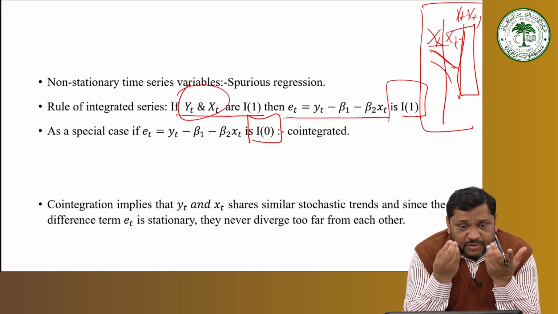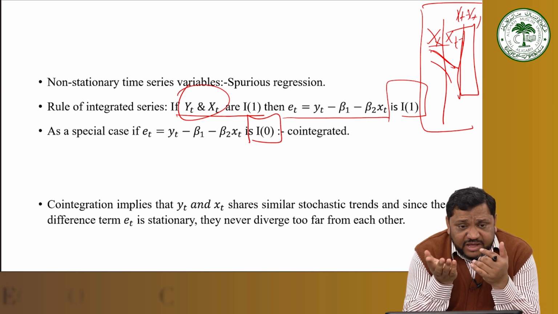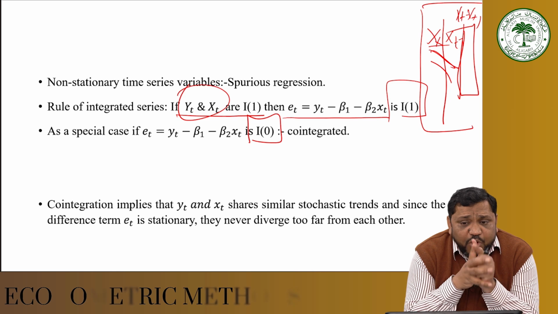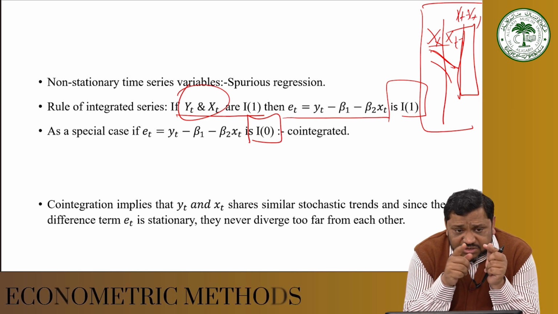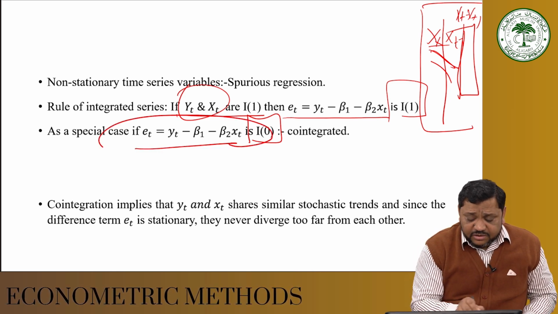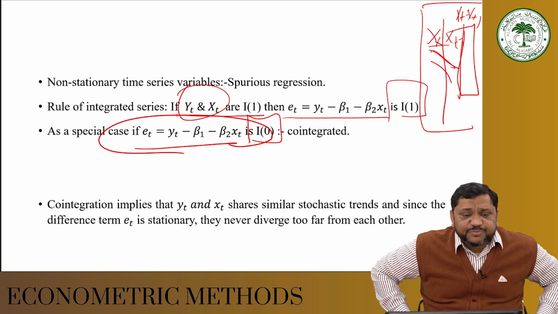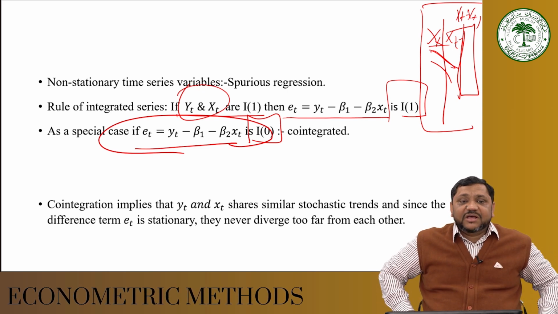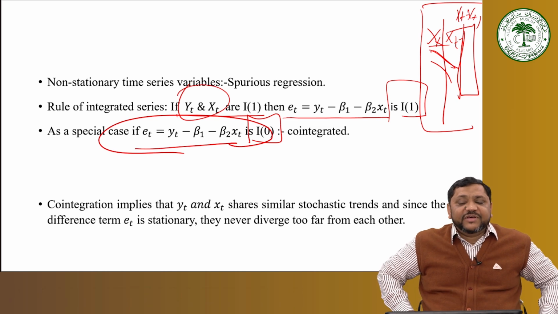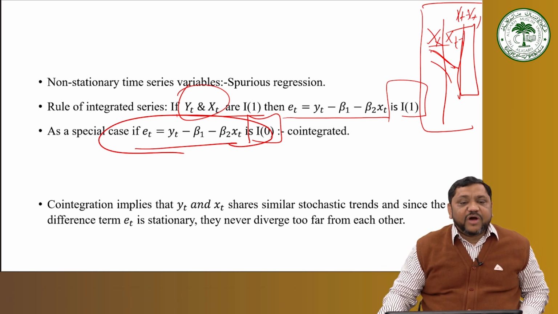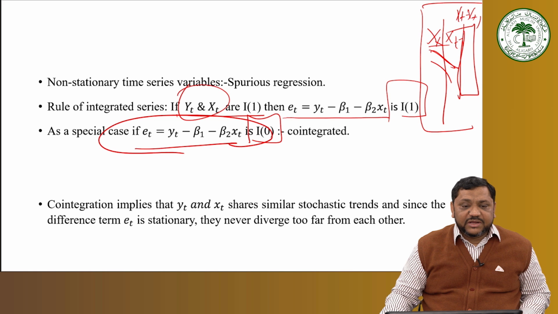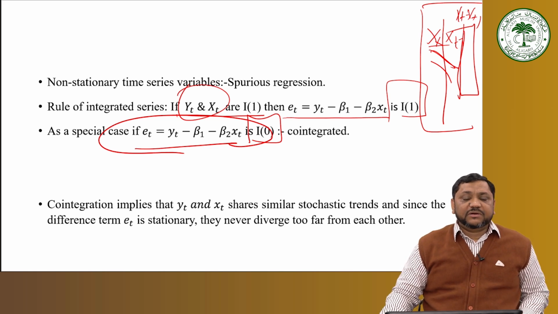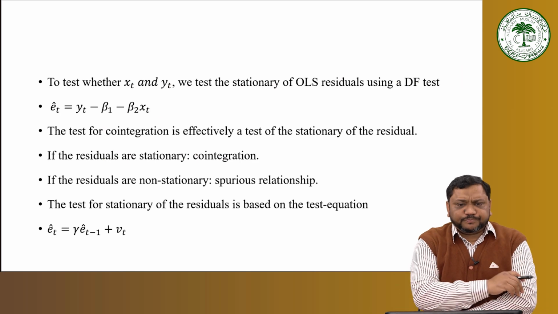So this was one of the properties: if xt and yt are I1, their combination will also be I1. However, there is an important case where this Et equals Yt minus beta 1 minus beta 2 xt is stationary, I0. Then we can say that xt and yt are cointegrated. That is, they are moving together. They have a long run equilibrium relationship.